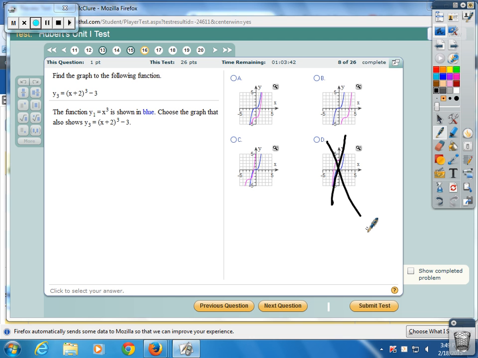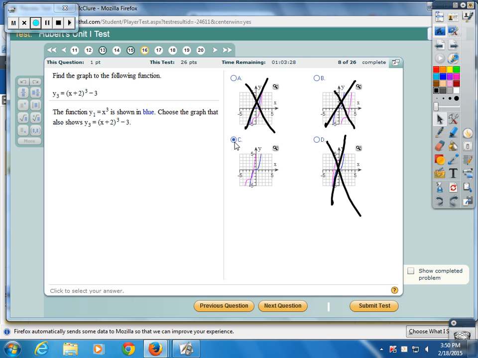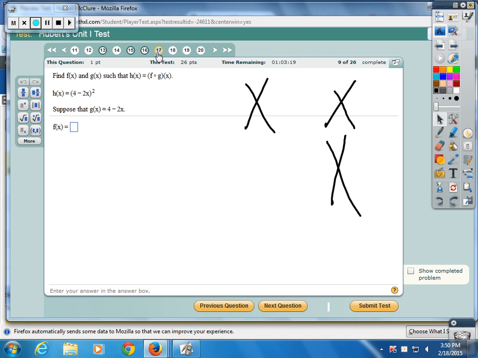This one has no horizontal shift. This one is 2 to the right and 3 down. Nope. It's another gimme. That one shouldn't take no more than 30 seconds. Okay, that's another g composer. No, I'm not doing those. I'm going to take those off.